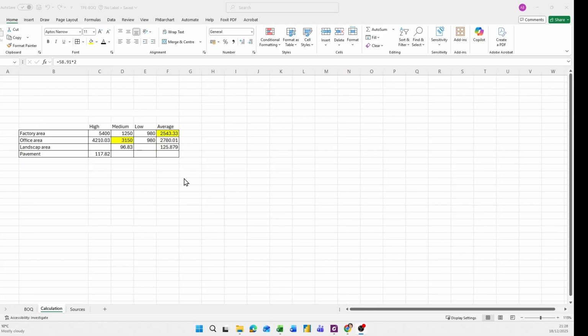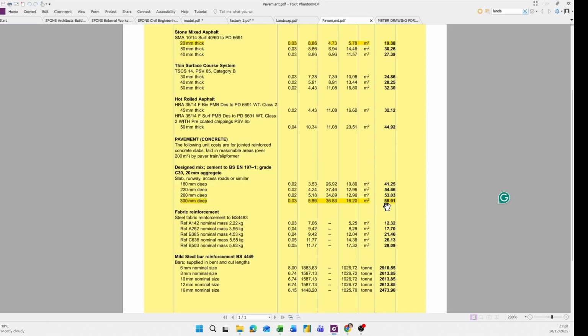For pavement, I keep my price 117.82 because you can see my price is 58.91 and I doubled it.